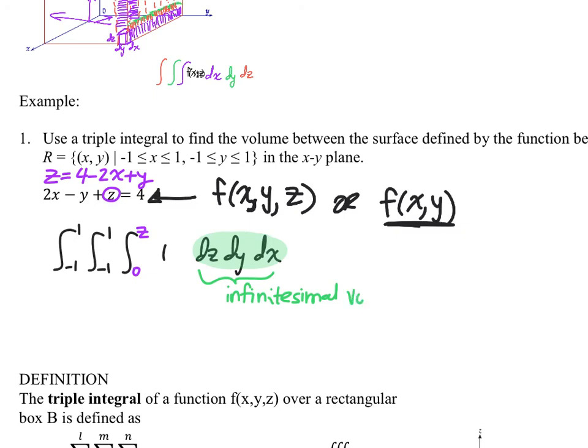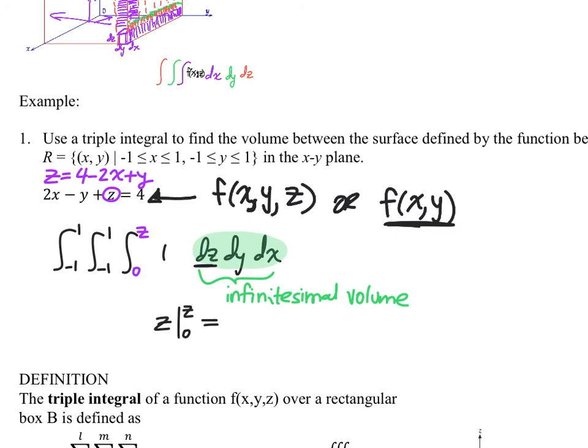So, volume. By integrating all of those infinitesimal volumes together, I'm getting the true volume bounded by these three boundaries of integration. All right. So, you could carry out the process and say the antiderivative of 1 with respect to z is z on the interval of 0 to z.